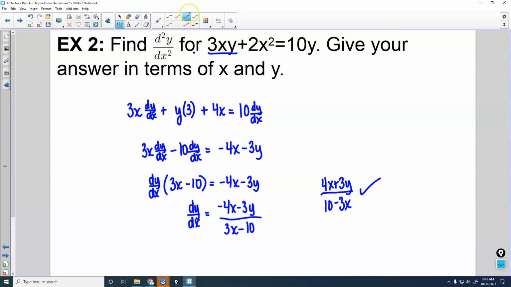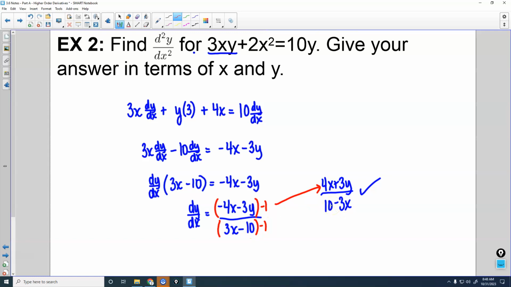Luke moved everything to the right side instead of the left, so it basically changes the signs. If I took what I got right here and multiplied by negative 1 on top and bottom, which wouldn't change the value, then in the top I would get positive 4x, positive 3y. In the bottom, I'd get negative 3x, positive 10.